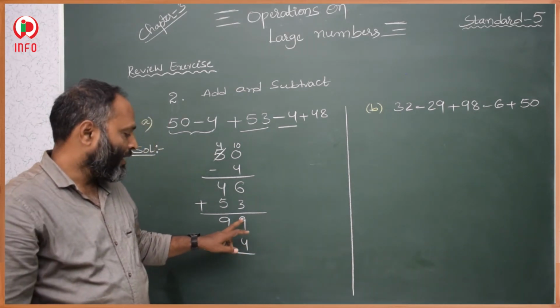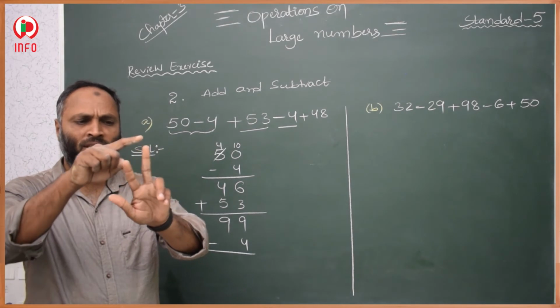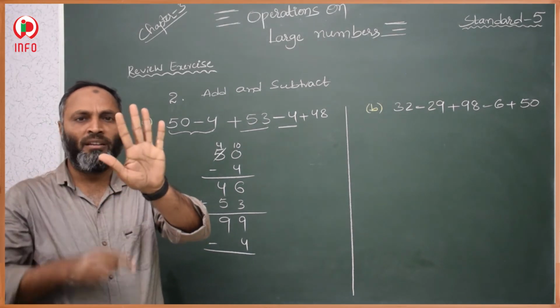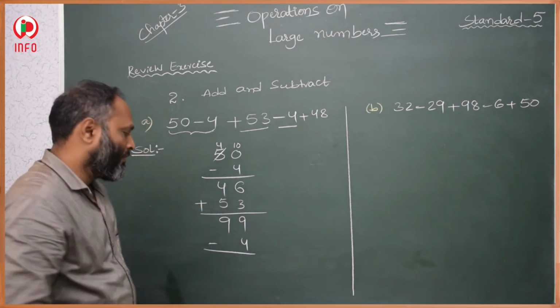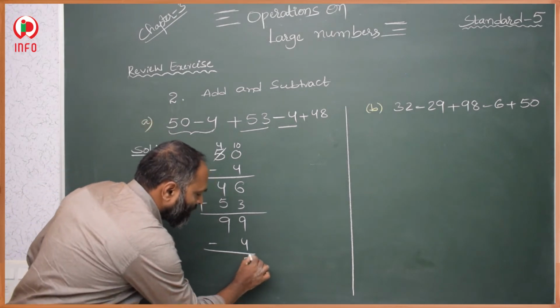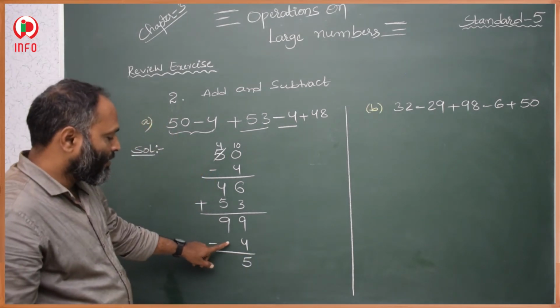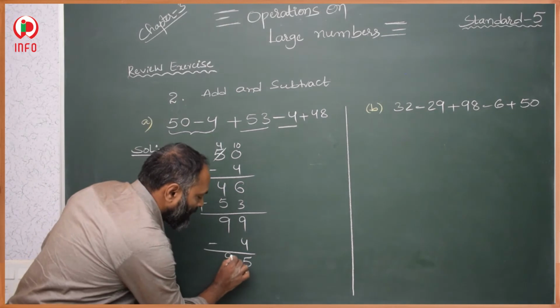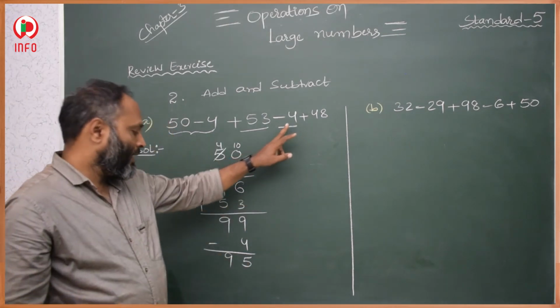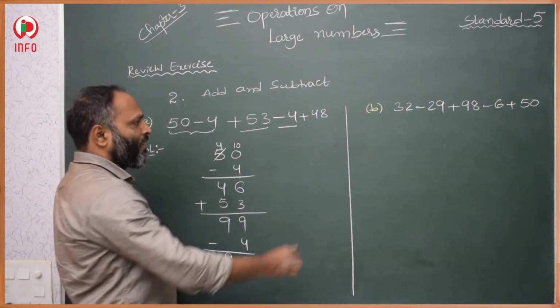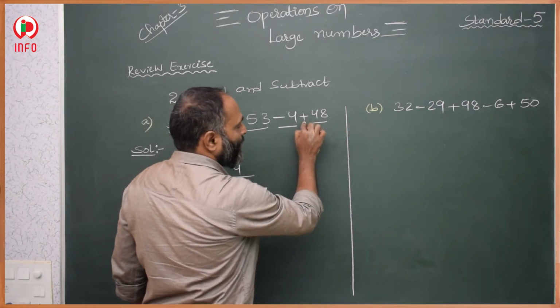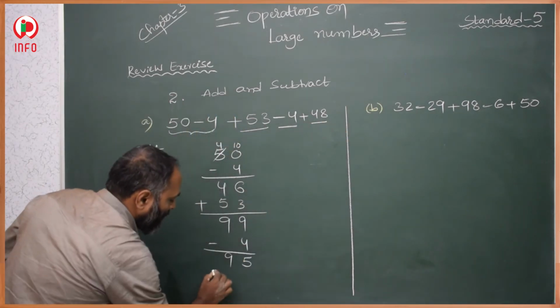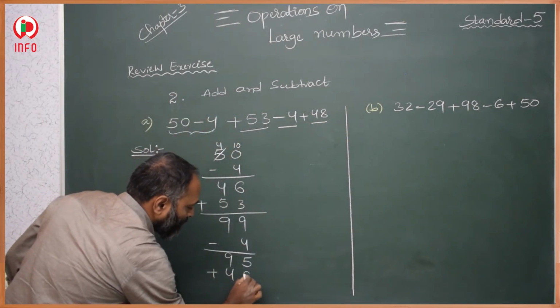Count from 5 to 9: 5, 6, 7, 8 and 9. 9 minus 4 is 5. And here 9, there is no digit, so 9 as it is. The answer till here is 95. Then after that, again 48 is there. That is plus 48. We have to add 48.